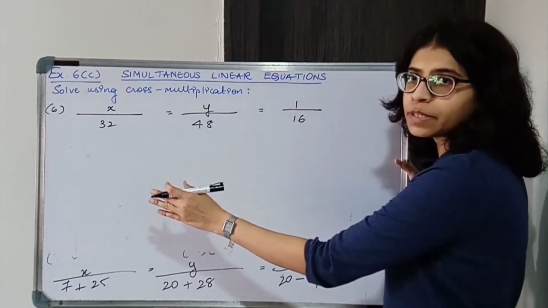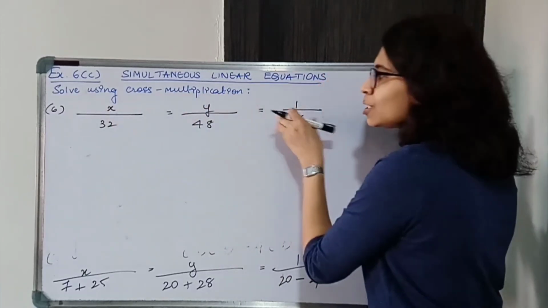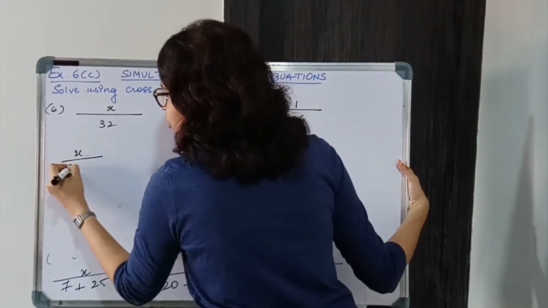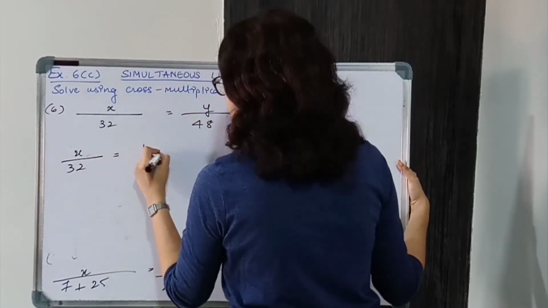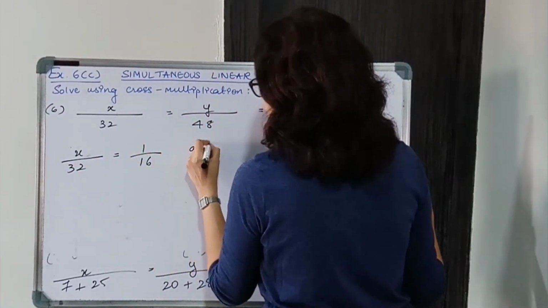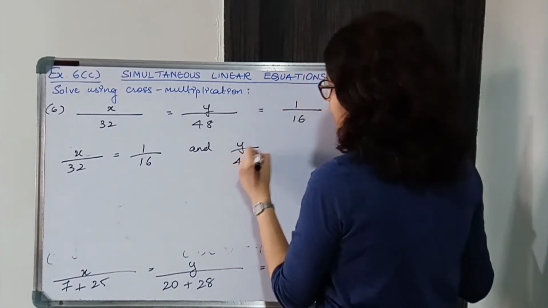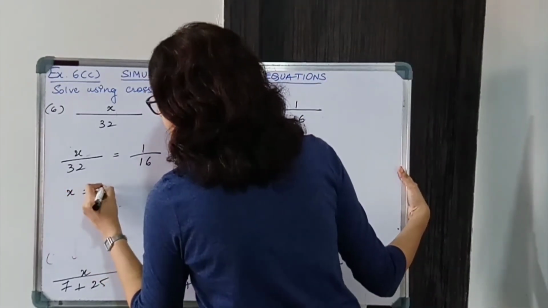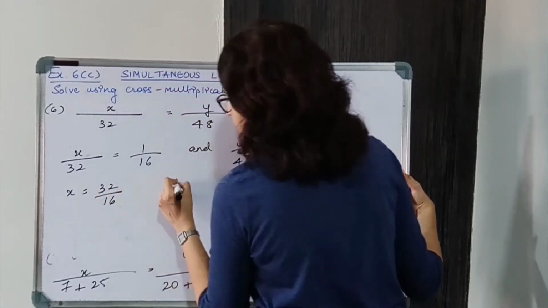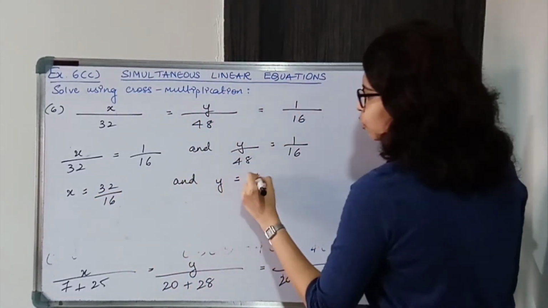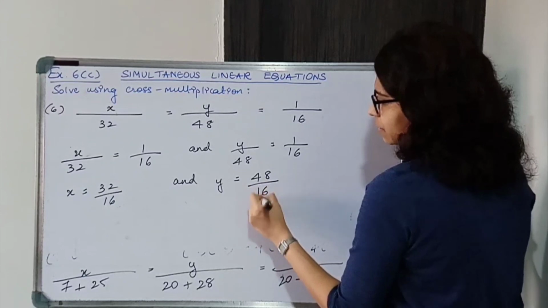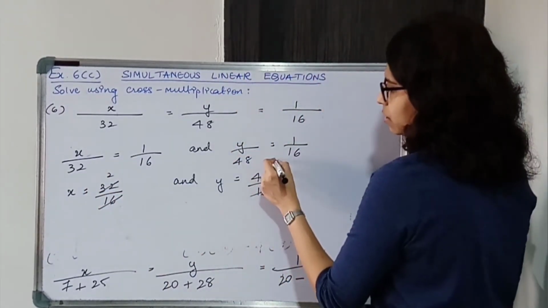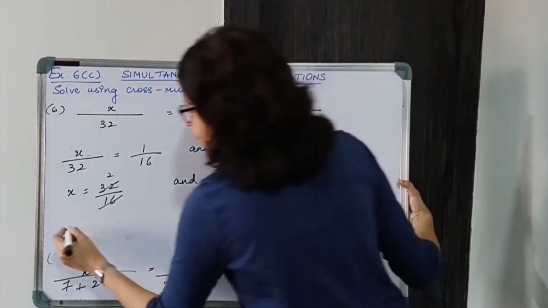Now fourth step, we are going to equate x with constant and y with constant. So x upon 32 is equal to 1 upon 16 and y upon 48 is equal to 1 upon 16. So x is equal to 32 upon 16 and y is equal to 48 upon 16. 16 2s are 32, 16 3s are 48.